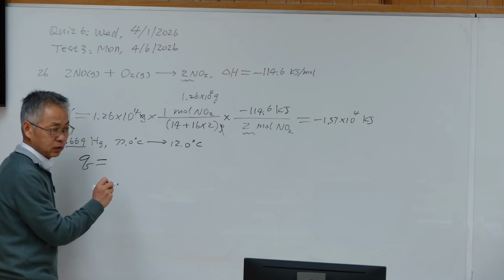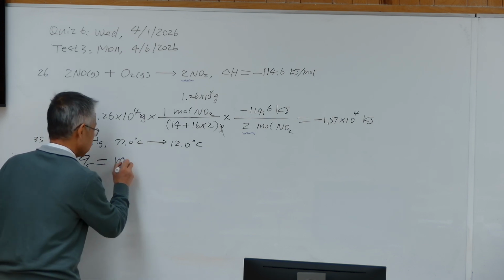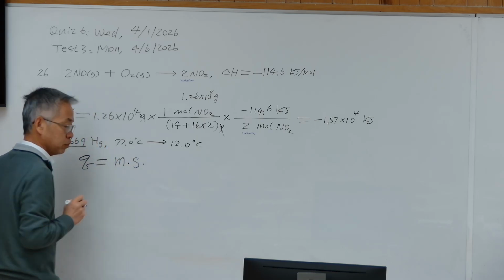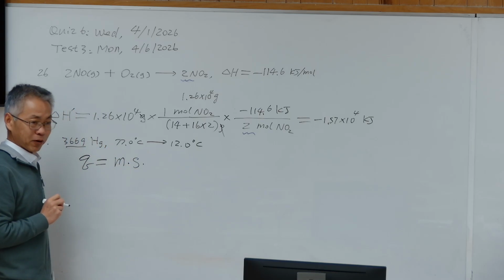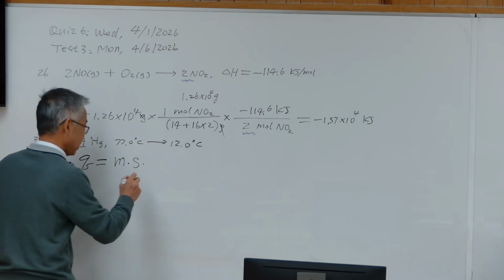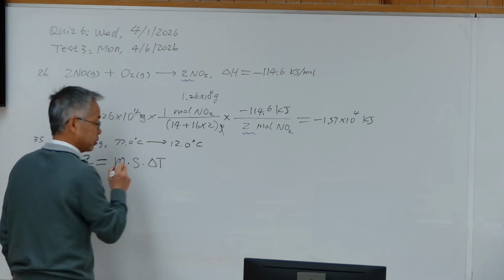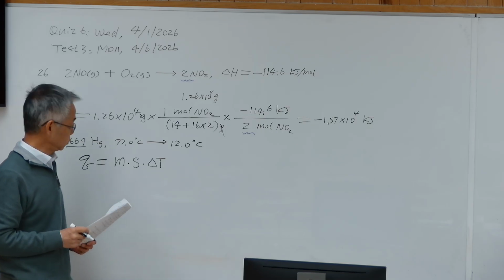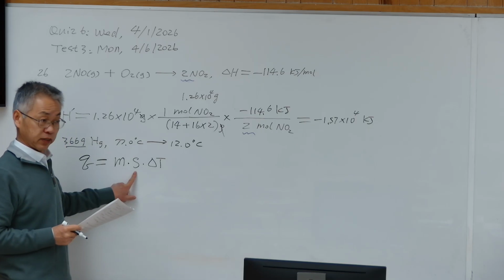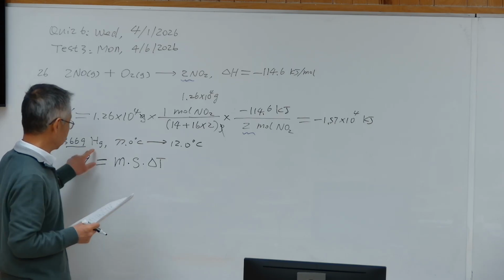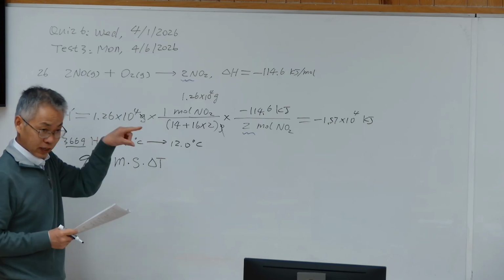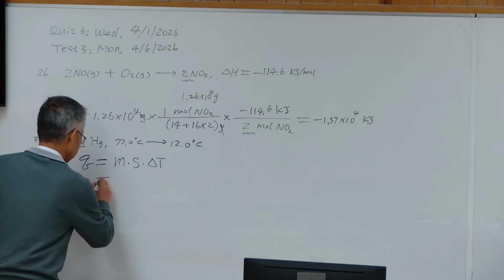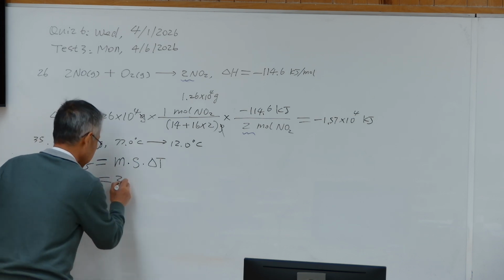M is the mass, times the specific heat of this material, so we need to use a table, times delta T, the temperature change. During the quiz, I will provide you a table to find the specific heat. M is the mass here, 366 grams.